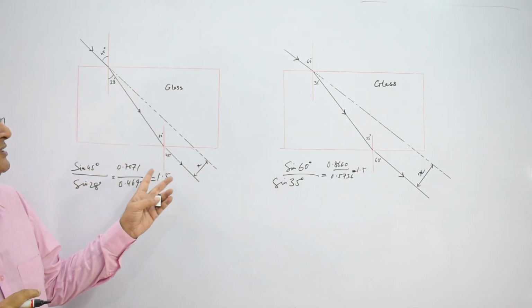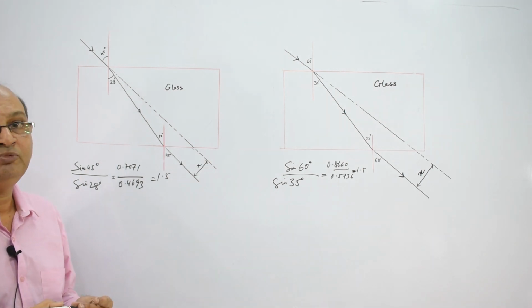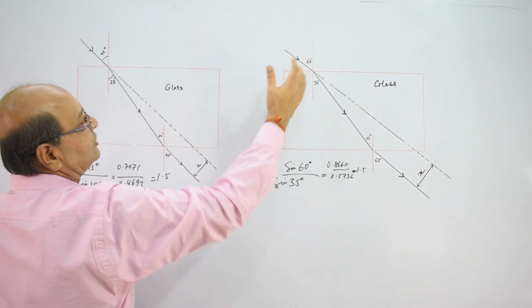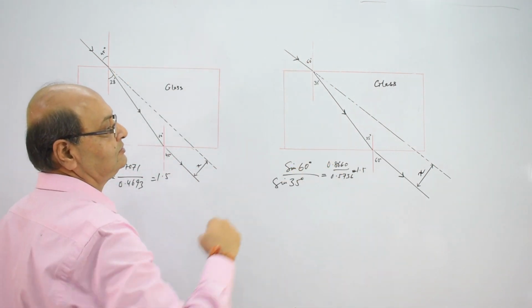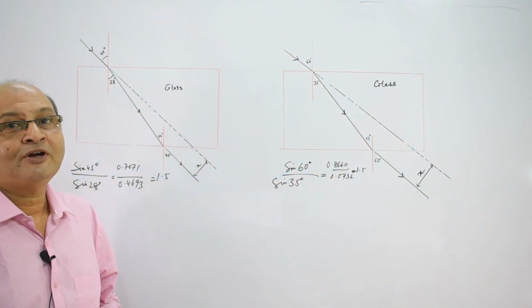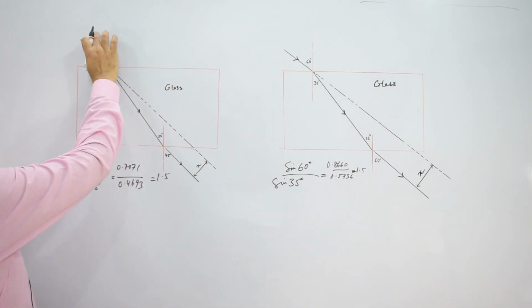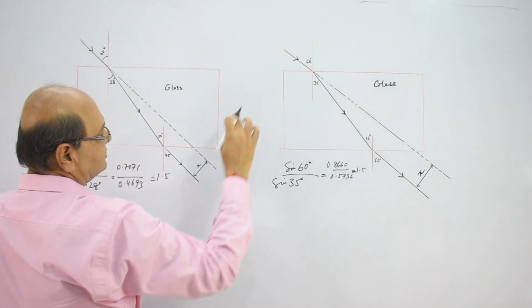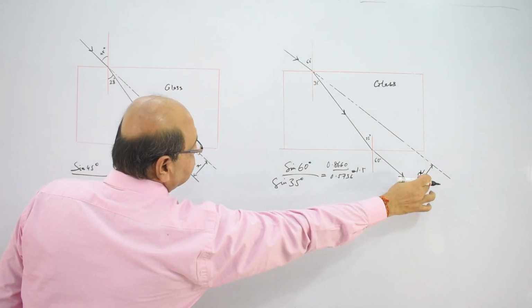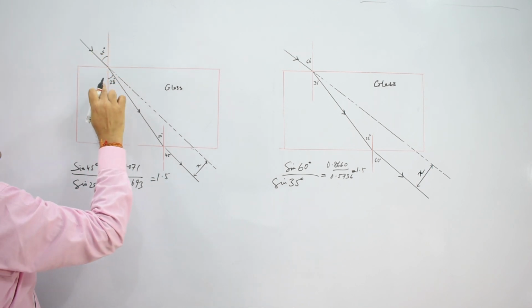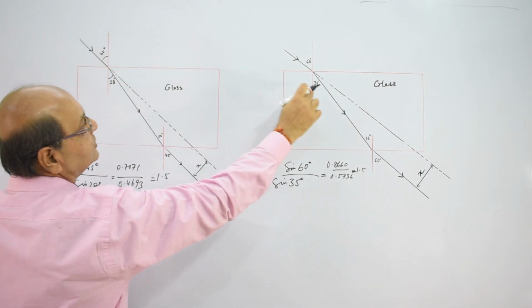So we are getting the refractive index of glass as 1.5, and we see that the increase in the angle of incidence increases the lateral displacement. Now comes the real point of discussion. With the increase in angle of incidence, angle of refraction also increases.